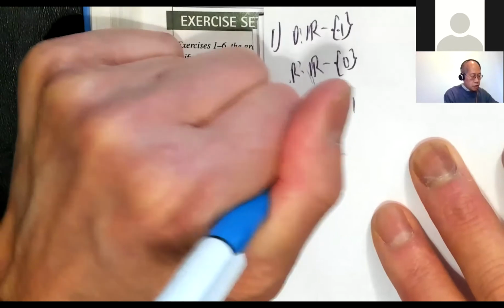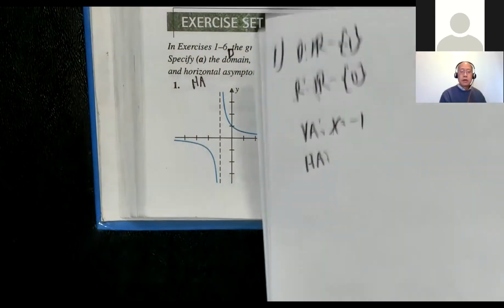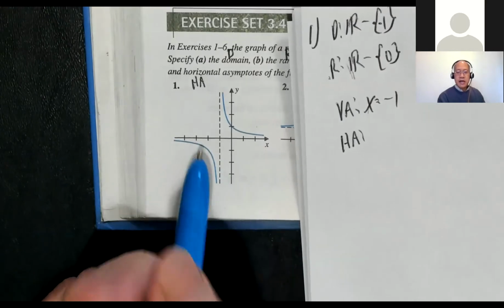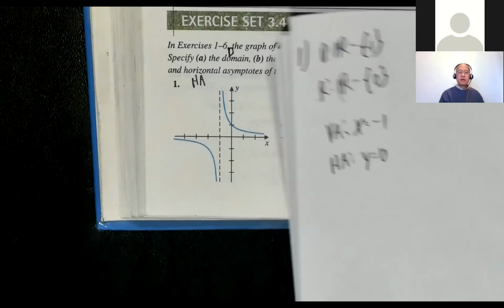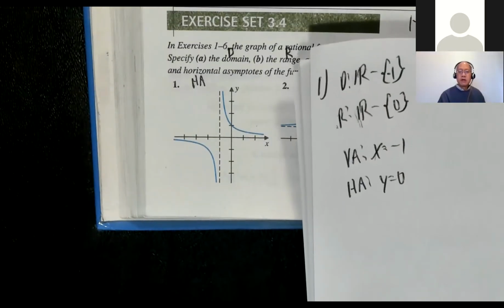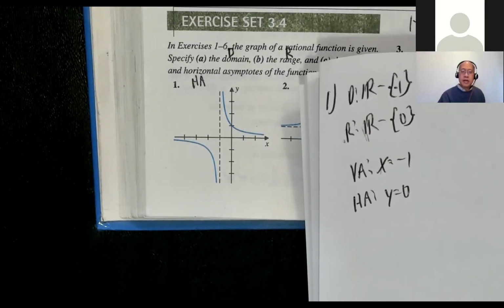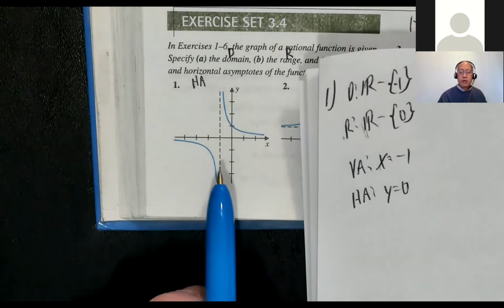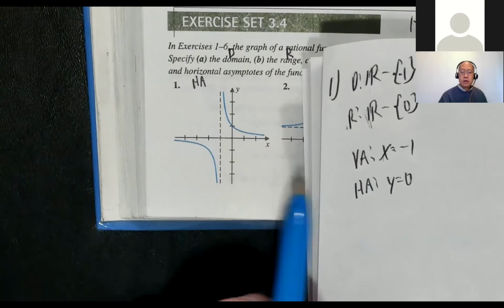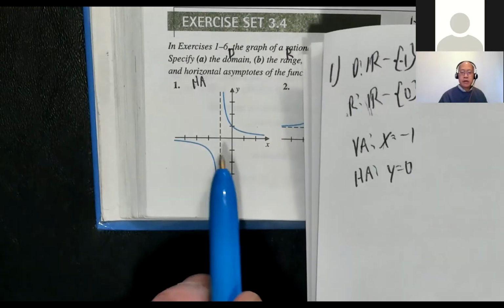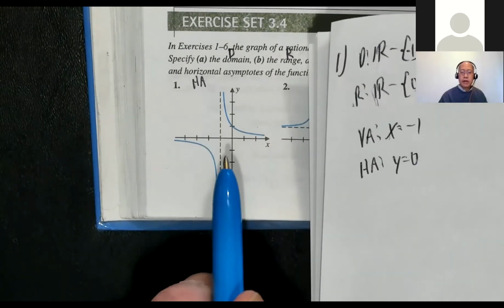And the horizontal asymptote, in some sense, that's also tied together. It's the x-axis or y equals 0. All right, so this is the complete answer for number 1. Domain is all real numbers except for the set consisting of -1. The range is the set of all real numbers minus the set consisting of 0. Vertical asymptote, x equals -1. Horizontal asymptote, y equals 0.